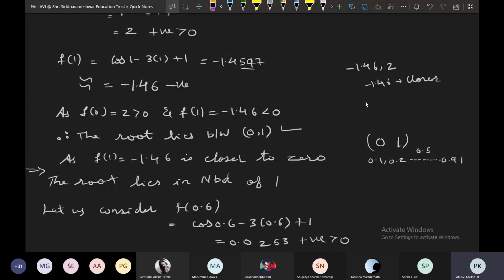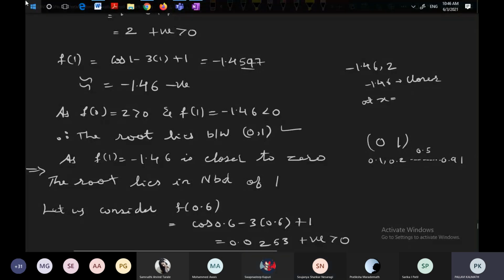What value of x have you taken? You have taken 0 or 1 to get minus 1.46.